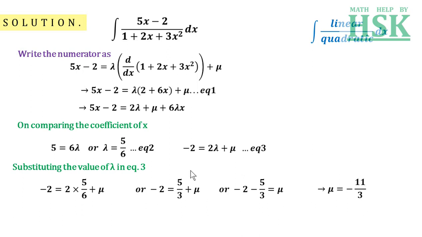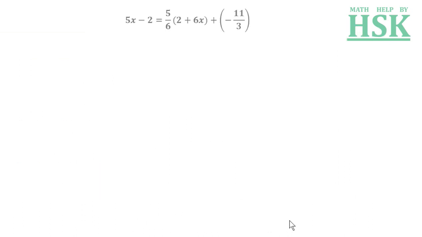So after calculating the values of lambda and mu, we have to substitute these values in equation number 1. Okay, so on substituting, we get 5x minus 2 is equal to 5 upon 6 times the d upon dx of the denominator plus minus 11 upon 3, right?